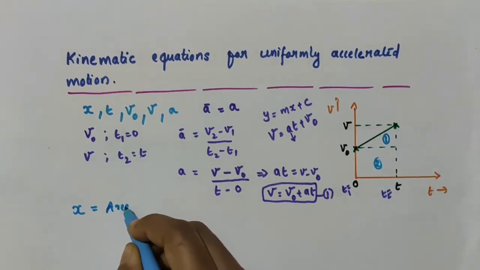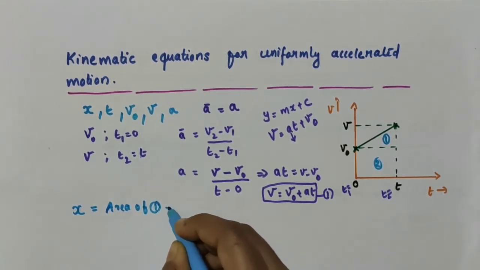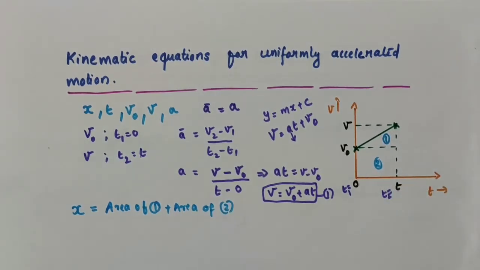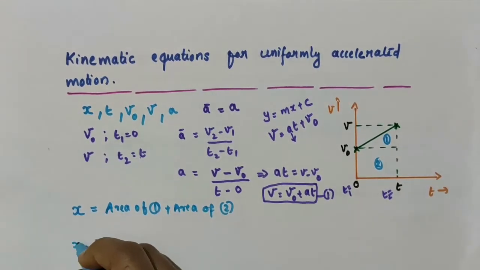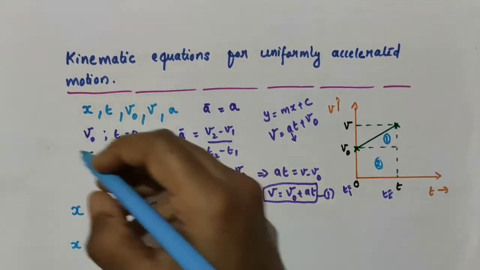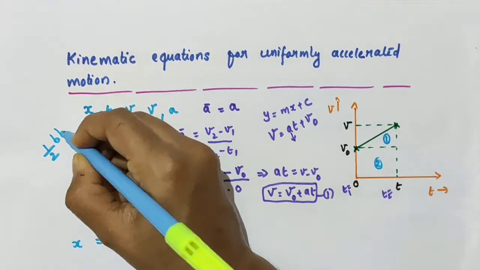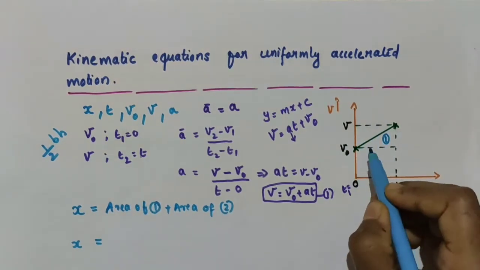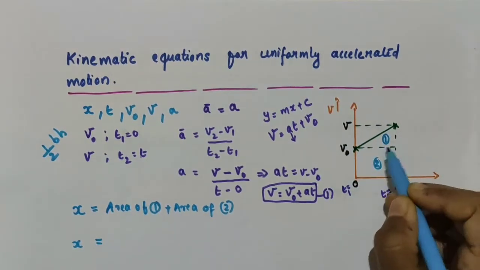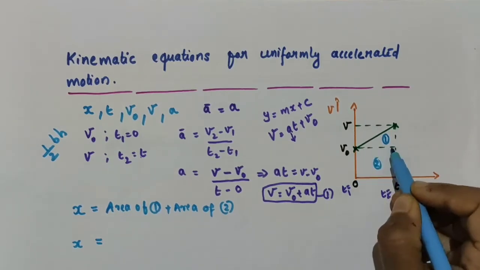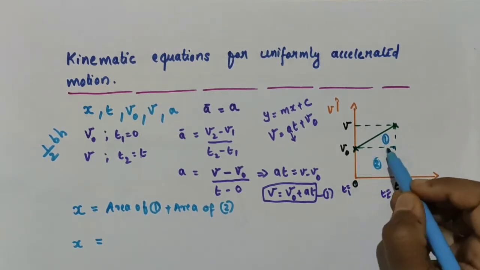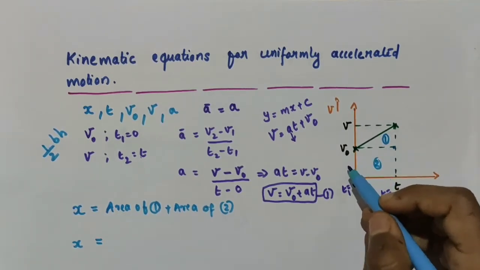So the area of the triangle, that is 1, plus the area of the rectangle, that is 2. What is the equation to calculate the area of a triangle? Half BH. Here the base is t: this point corresponds to t and this point corresponds to 0, so this side is t minus 0, that is t.